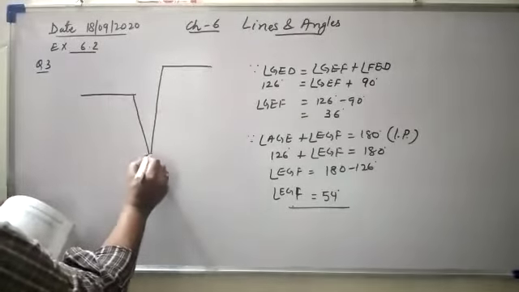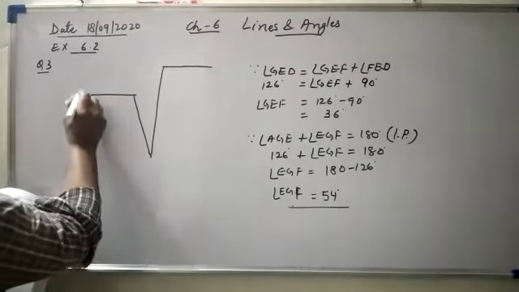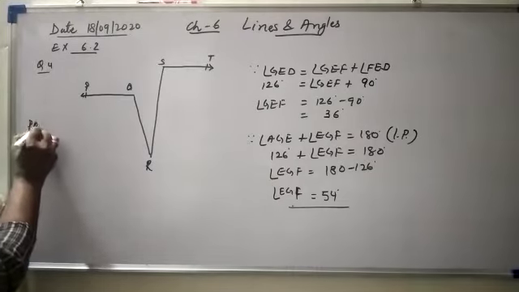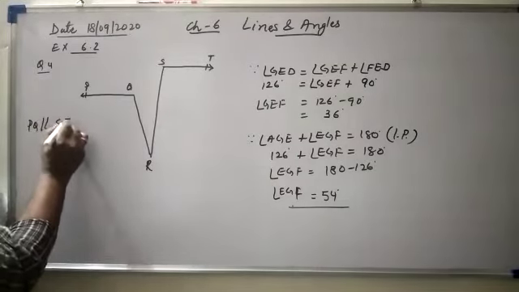This is the figure. It is P, Q, R, S and T. This is number 4. You are given here PQ is parallel to ST.